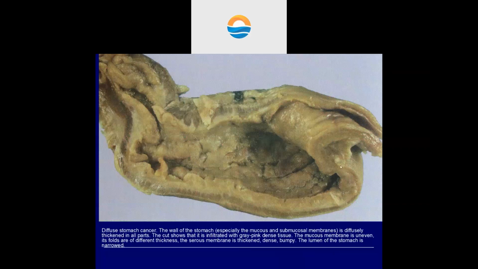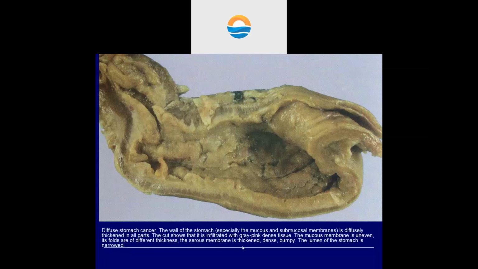Diffuse stomach cancer. Look, here you see the stomach, and the wall of the stomach is diffusely thickened in all parts, everywhere. The cut shows that it is infiltrated with gray-pink dense tissue. The mucous membrane is uneven. Its folds are of different thickness.